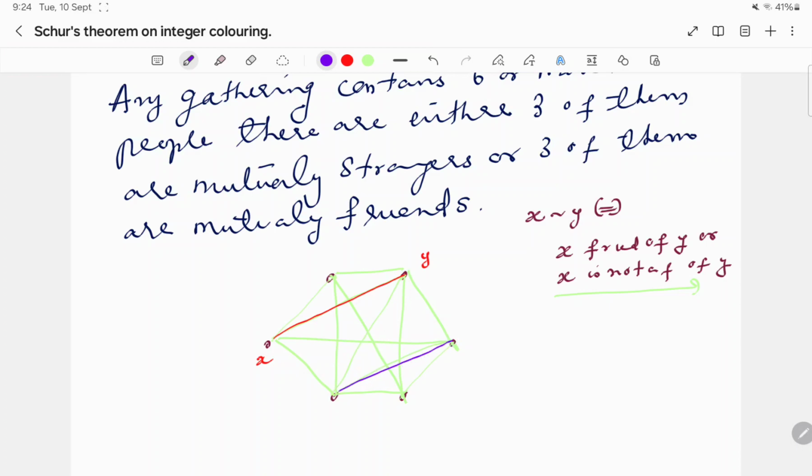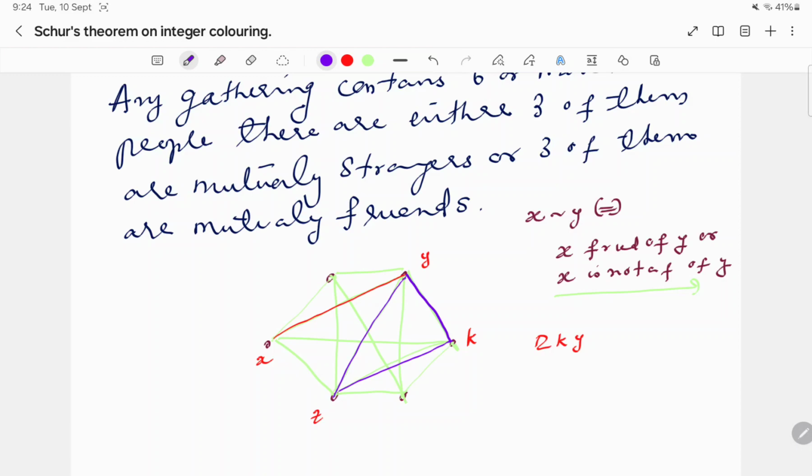Suppose I have another two, z and k. They are not friends, so to show that, I use a violet color. Now suppose 3 of them are mutually friends, say z, k and y. That means z and y are friends, z and k are friends, and y and k are friends. So there is a triangle of the same color.